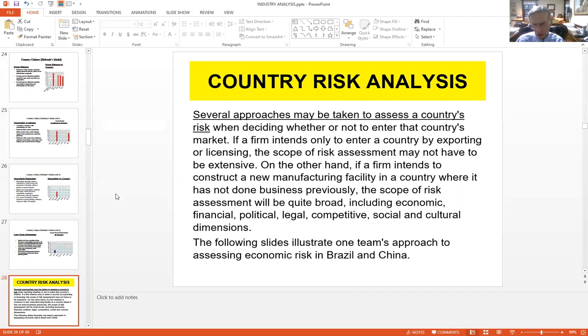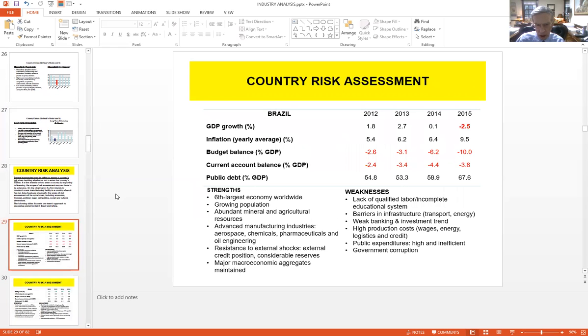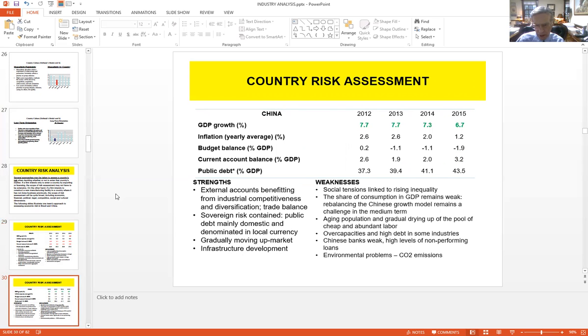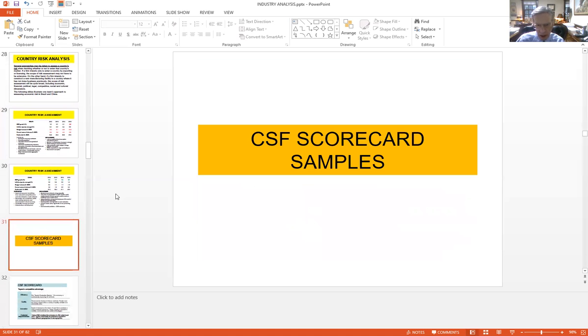This one was done by some of my students, and it was based simply on economic analysis. And so you can see that here we've got something that was done back in probably 2016. And it just takes a look at the economic health, in this case of Brazil, and then China. China was looking pretty good at the time. But it's something that you should look at.